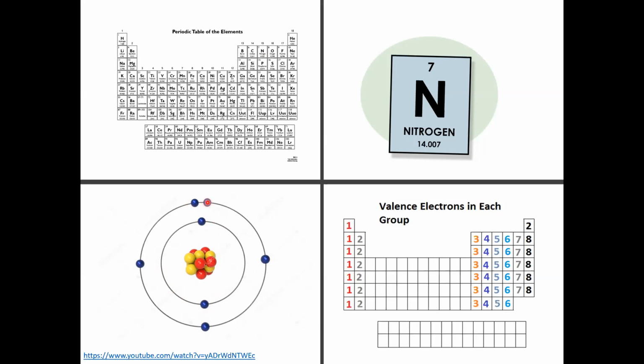However, it has 3 parking spots available, 1, 2, 3, to be completely satisfied. So it has a valence of 3.